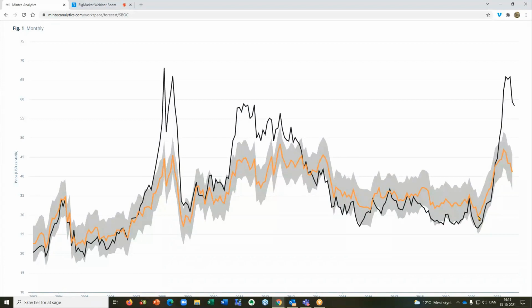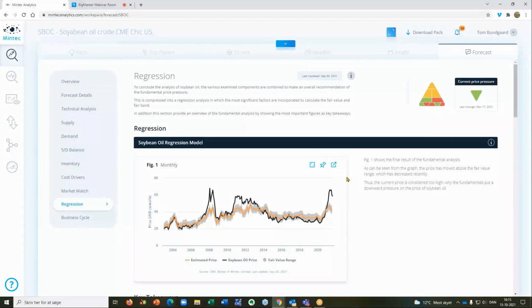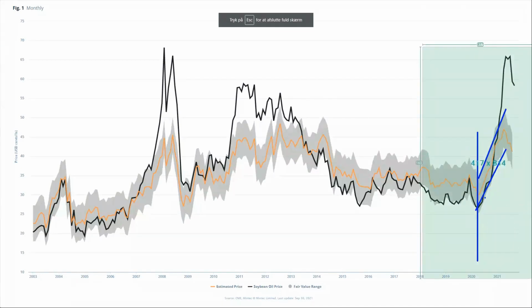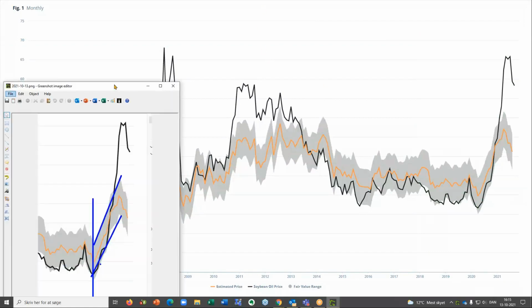And that was a turnaround leading to an uptrend in the fair band. So if I just enlarge it again, this is a turnaround and the fair band was moving up here. And there's only one response to that from a fundamental point of view. Prices need to go up, and in this case, make a panic top.